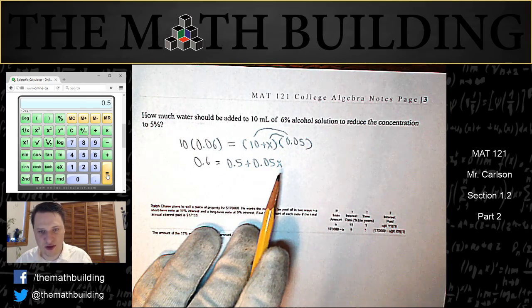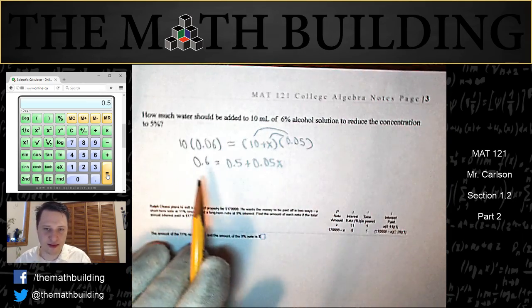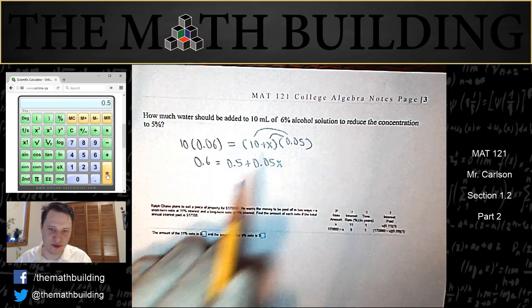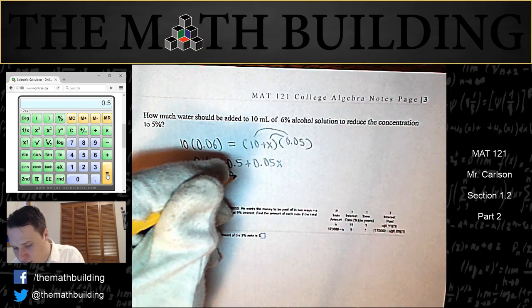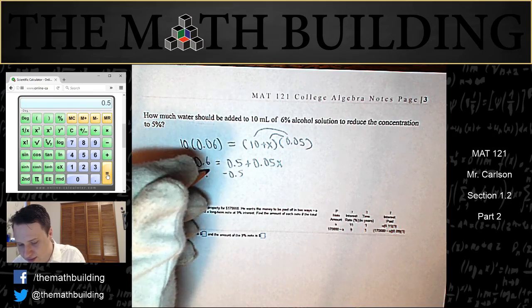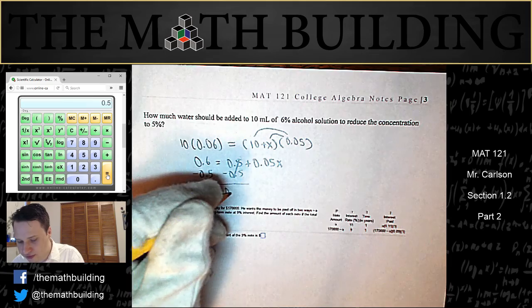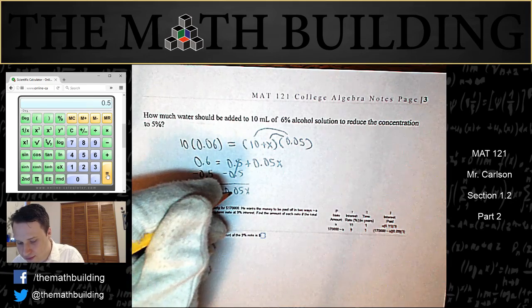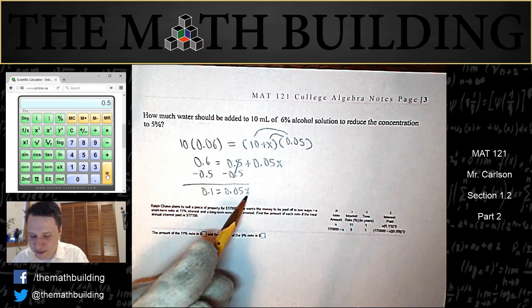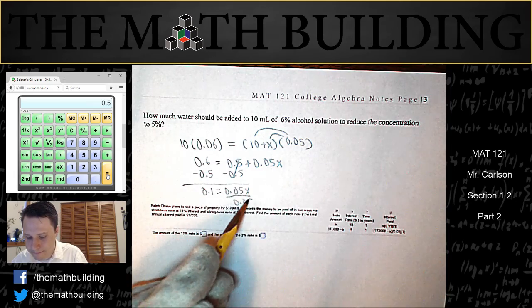Now let's solve this. You could multiply by 10 or by 100 to get rid of the decimals, but this is easy enough. I think we can just subtract 0.5 on both sides, giving us 0.1 equals 0.05x. And then we can just divide both sides by 0.05.